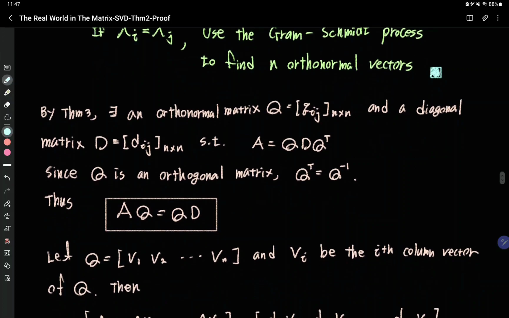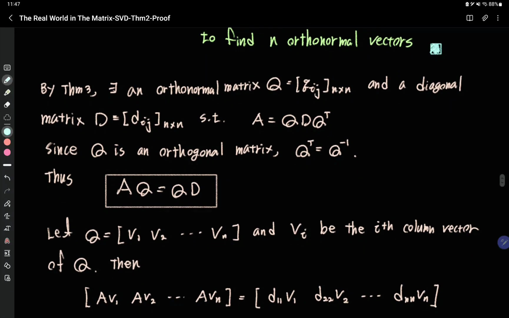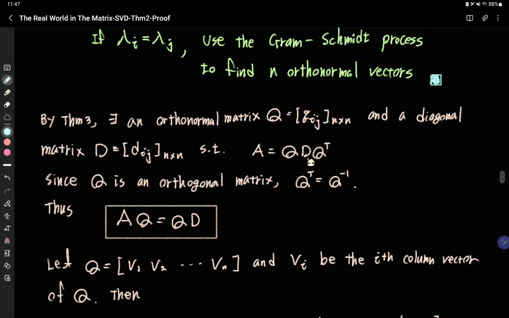Now, the columns of Q are the orthonormal eigenvectors, and the diagonal entries are the eigenvalues, such that A equals Q D Q transpose by theorem 3.